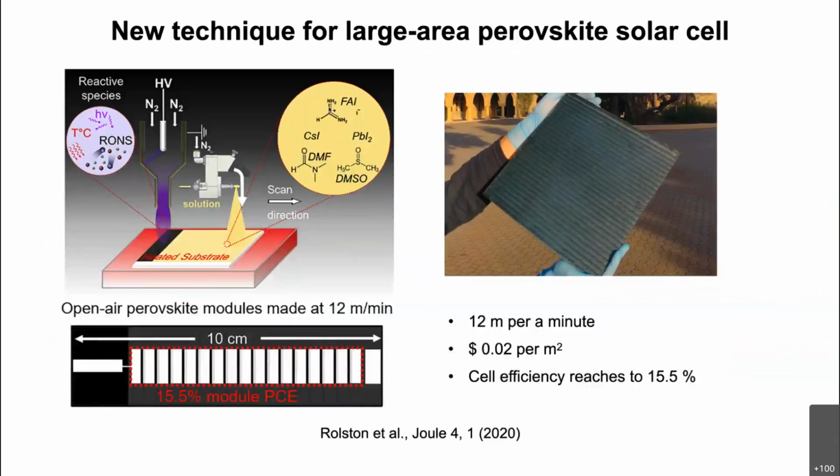Also, recently, a Stanford team developed a new technique for large-area perovskite solar cells. They can make 12 meters of solar cell per minute, very cheaply and with relatively high efficiency. So let's look at some video here.